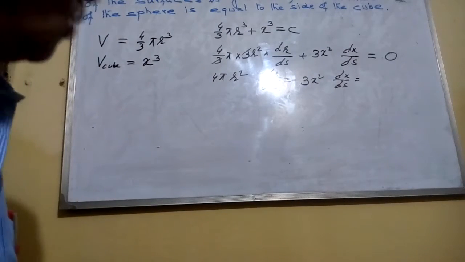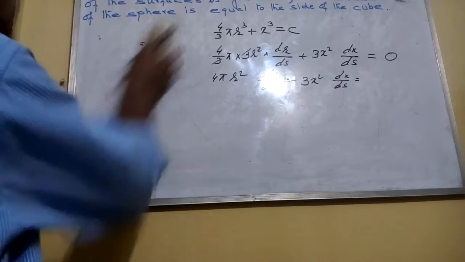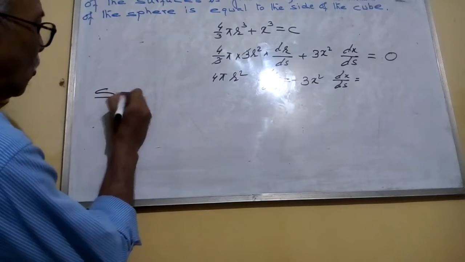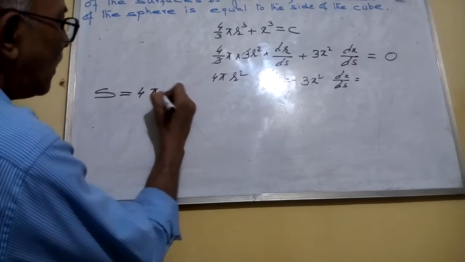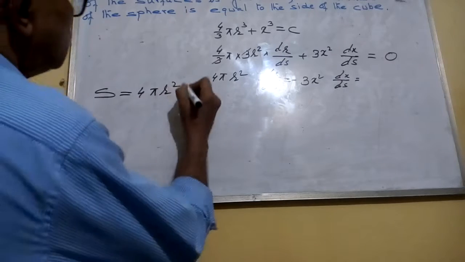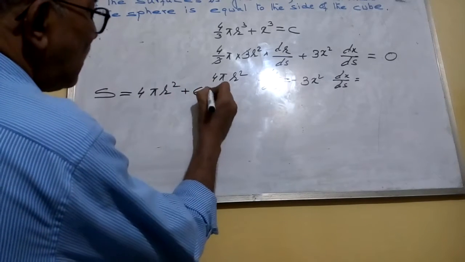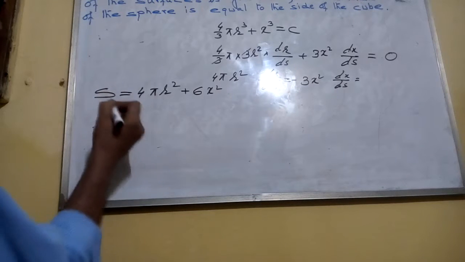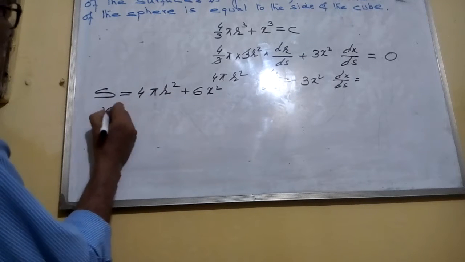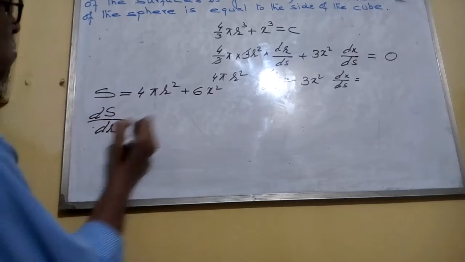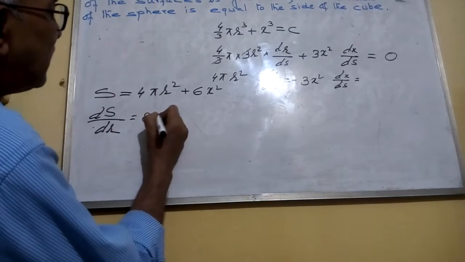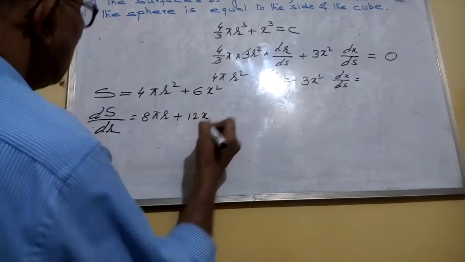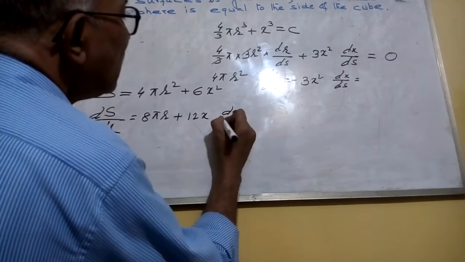Now see what we are supposed to show. The surface area, as I have shown earlier, equals 4πr² + 6x². So if we differentiate with respect to r, what we get is dS/dr = 8πr + 12x dx/dr.